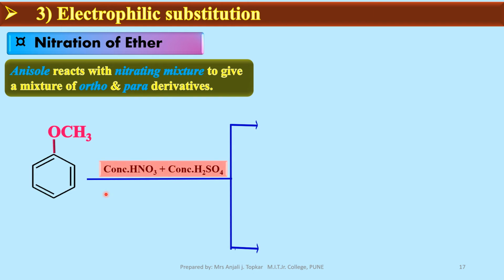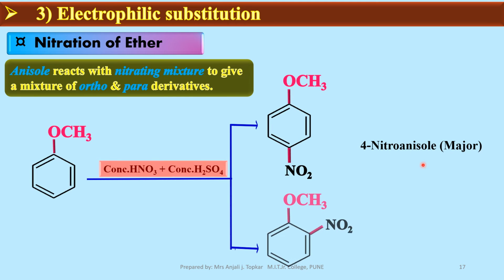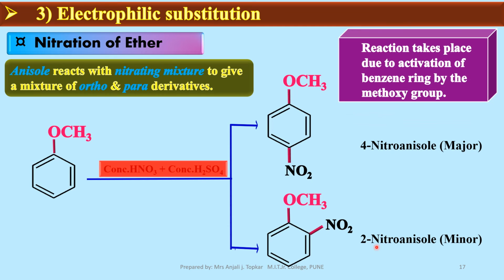When it is treated with concentrated HNO3, that is nitric acid, and concentrated H2SO4, that is sulfuric acid, which is said to be the nitrating mixture, it forms 4-nitroanisole and 2-nitroanisole. This reaction takes place due to the activation of benzene ring by this methoxy group.